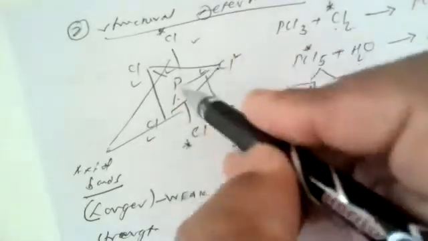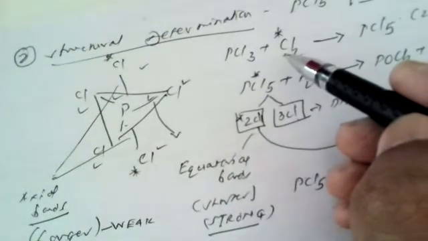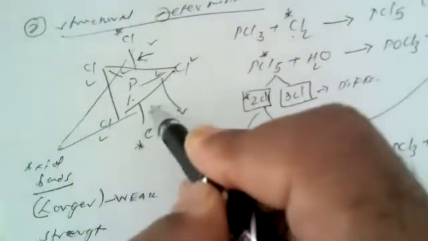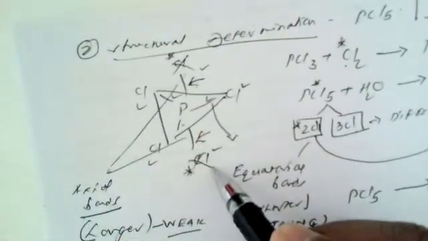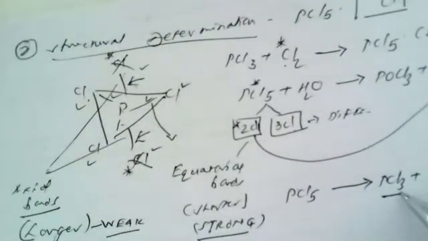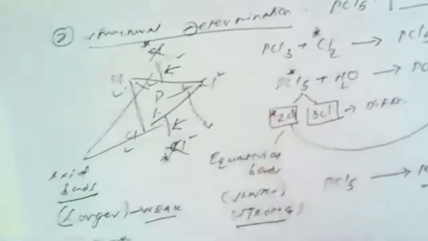Those two chlorine atoms labeled with chlorine-36 occupy these axial positions, which are longer in length. Because the bonds are longer, they are weak and hence can be easily ruptured. So these two bonds can easily be broken, and the remaining PCl3 remains because of the shorter bond length.